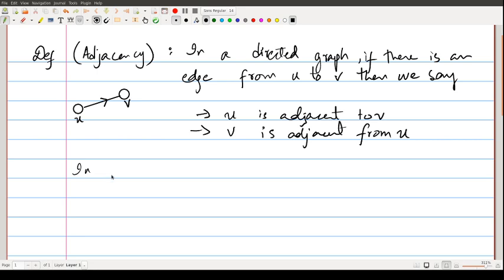In a directed graph, we have two notions. By the way, in this notation, we call u the initial vertex, and we call v the terminal vertex. So we have two other notions.